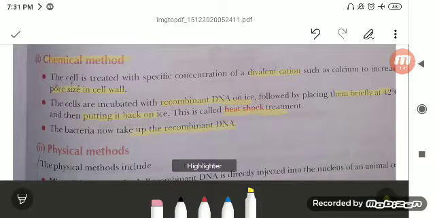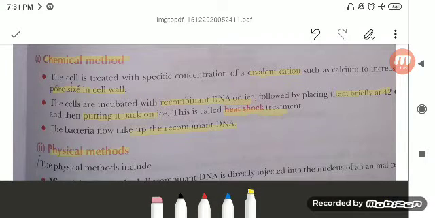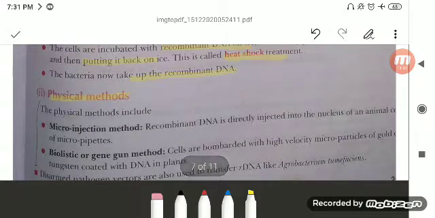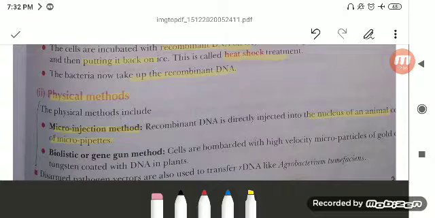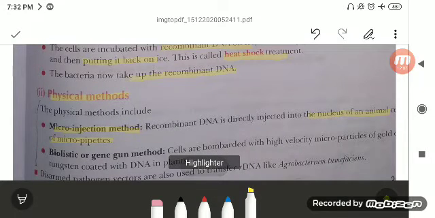The next is the physical method, in which the vector is not used, so this is also known as the vectorless method. Here is the microinjection method: recombinant DNA is directly injected into the nucleus of an animal cell with micropipettes. And the next is the biolistic or gene gun, in which the cells are bombarded with high velocity microparticles of gold or tungsten coated with DNA, in plants.